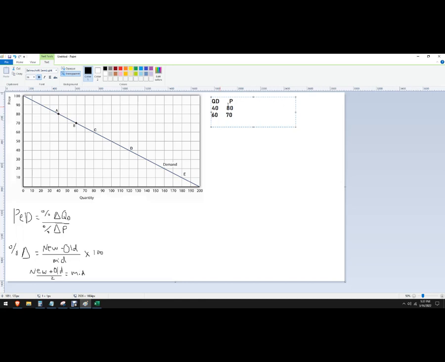And then point C is going to be price of 60 and quantity of 80. Okay, I need to make that 36 also.